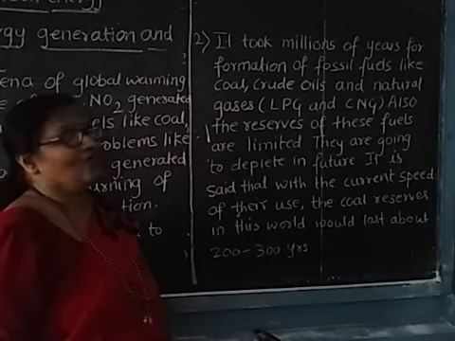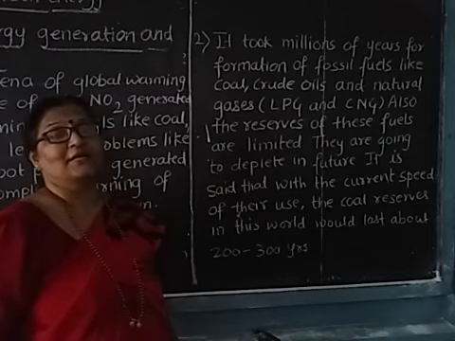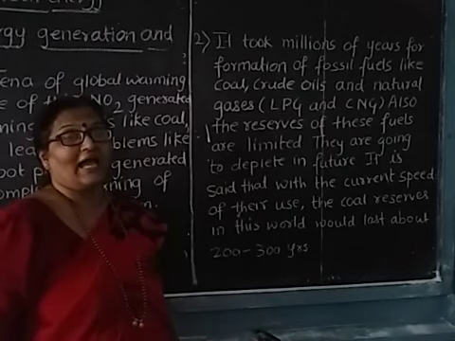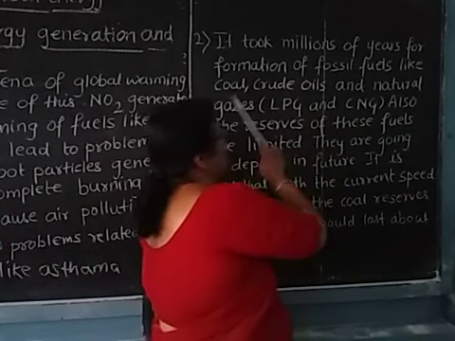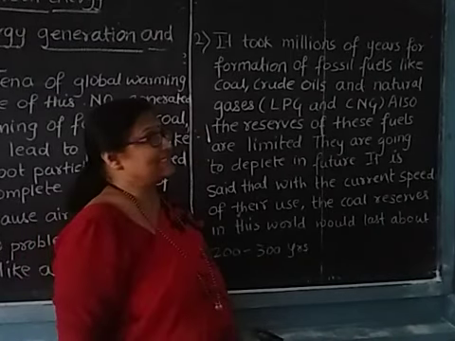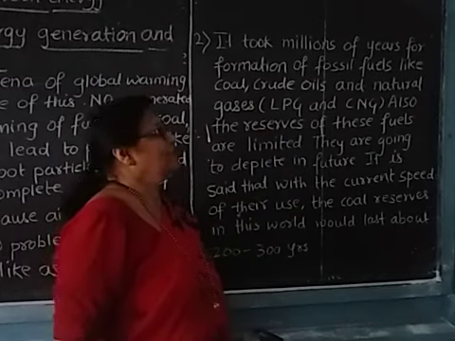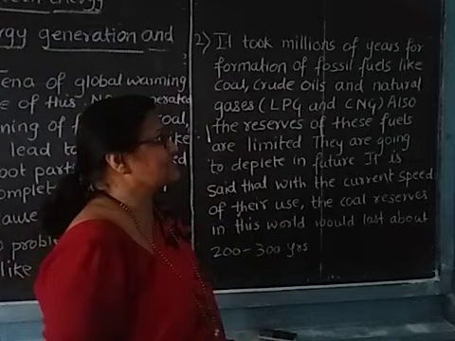Fossil fuels are formed due to the burying of plants and animals in the soil, and it takes a lot of years to form them. Fossil fuels like coal, crude oil and natural gases include LPG, liquid petroleum gas, and CNG, compressed natural gas.